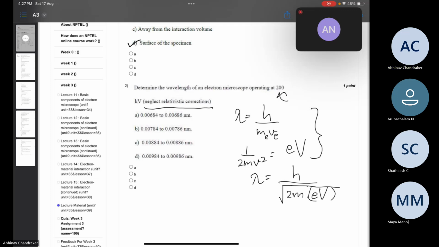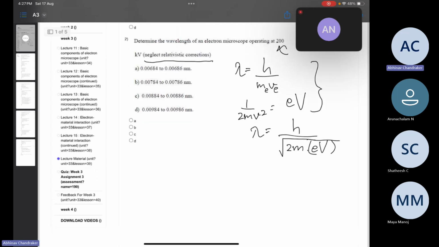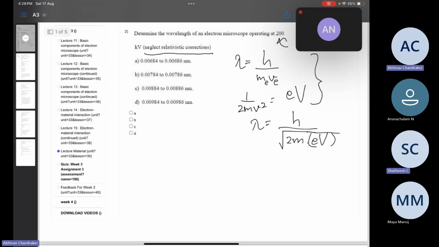Okay, I'll just show. Actually, none of these options is correct. The correct answer is something else. I'll just show how it can be solved.